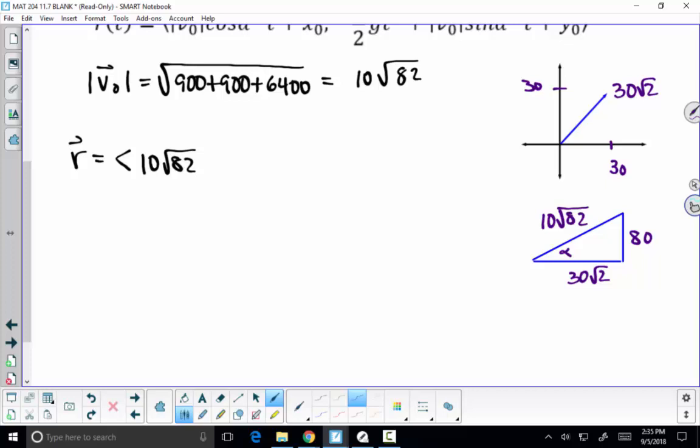Yes, 80 is the vertical part. And the initial velocity we figured out with the sum of the squares is 10 root 82. And the bottom one has to be 30 root 2.